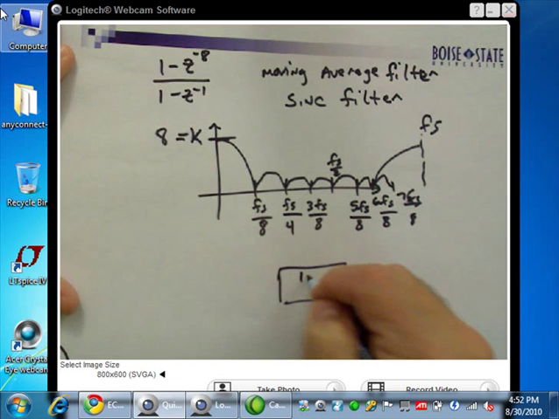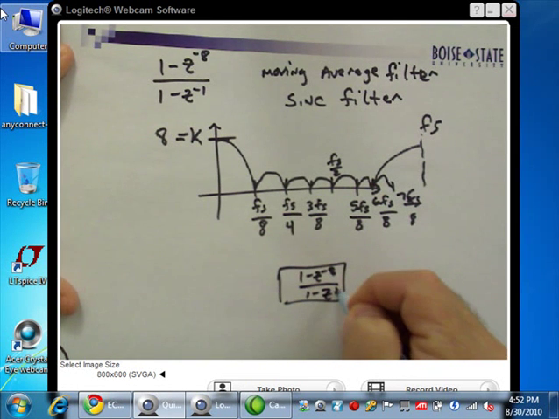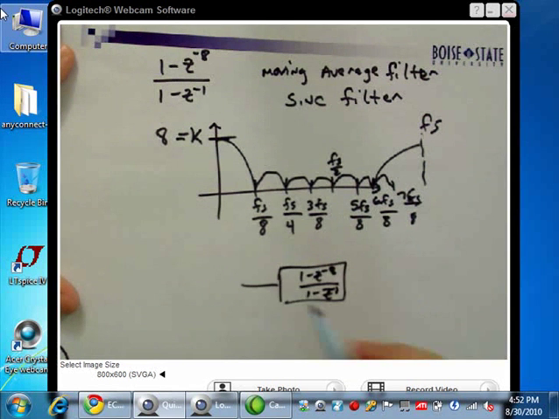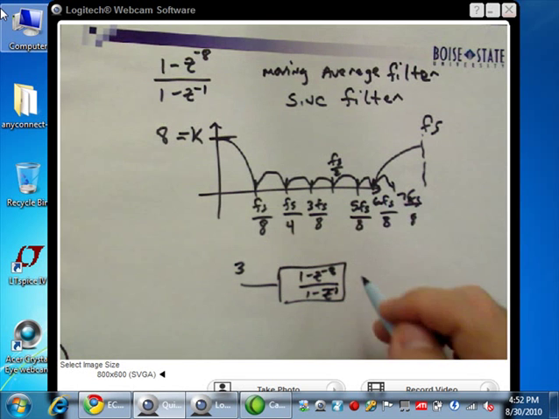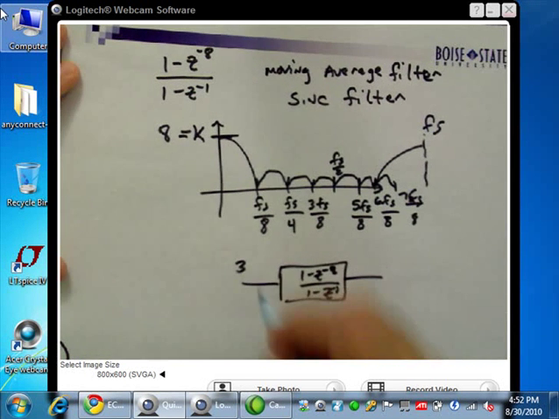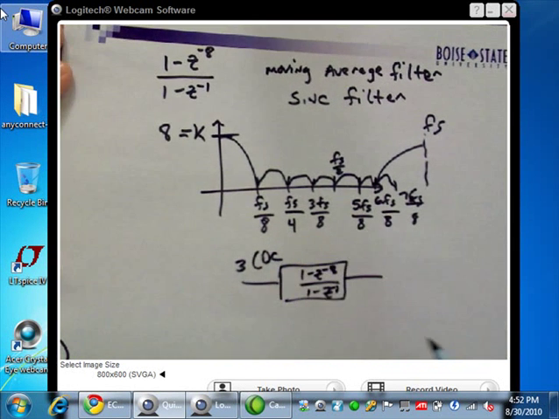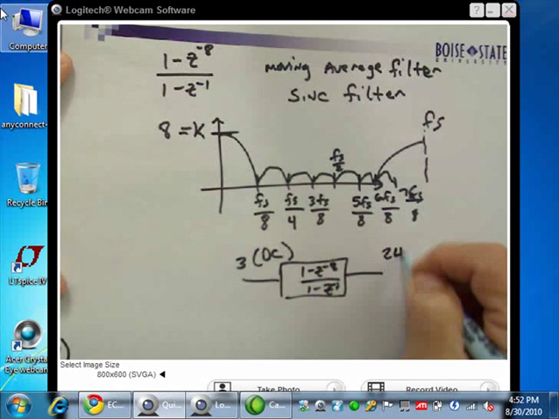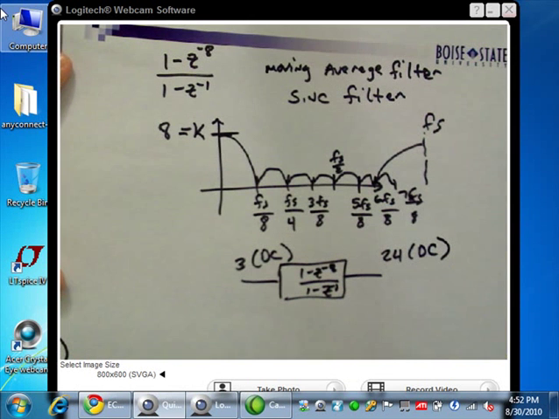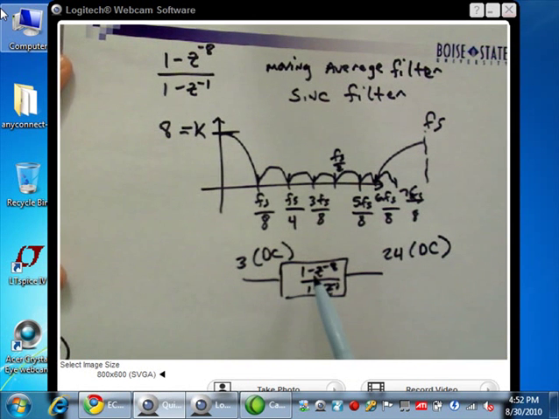If I have 1 minus z to the minus 8 over 1 minus z to the minus 1, and I put in a logic, if I put a number 3 in, just an integer, at DC, based on this response, what do I expect my output to be? 24. I just add up 8 3's and output continuously 24.